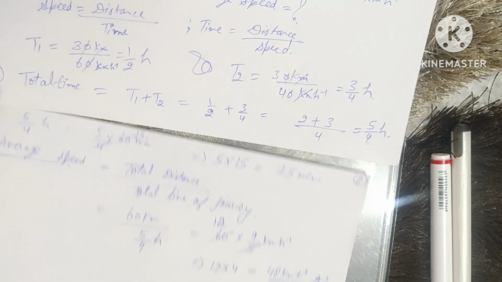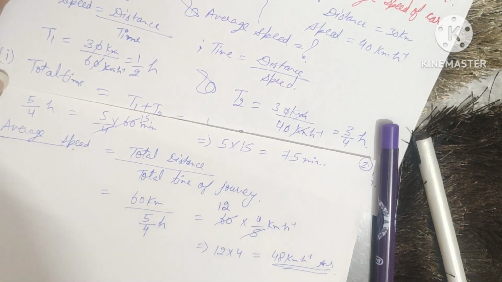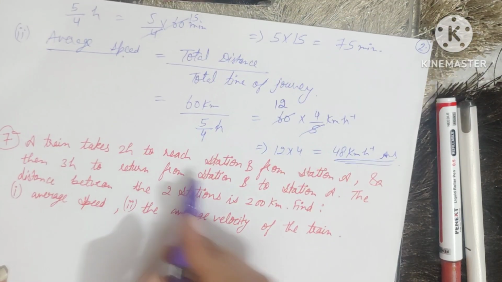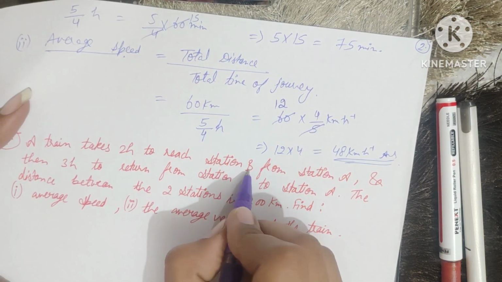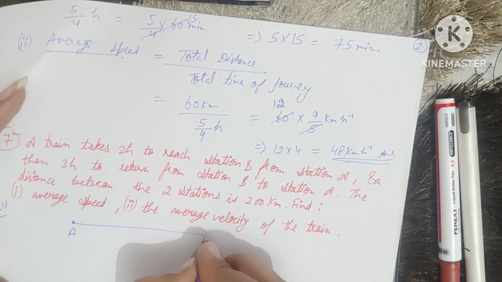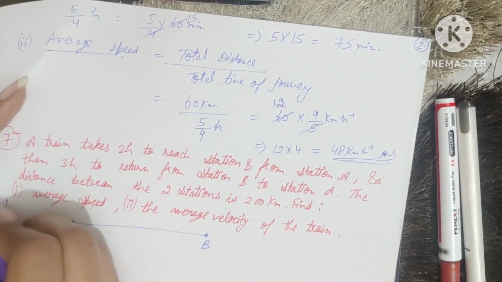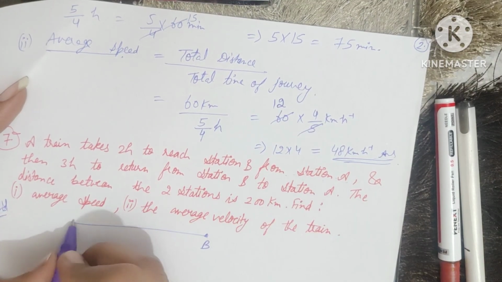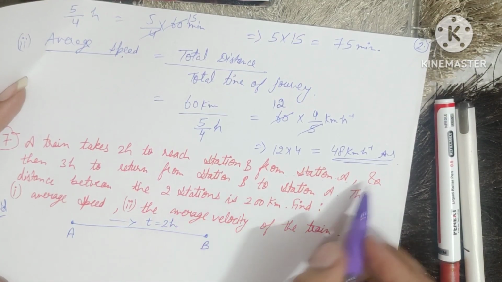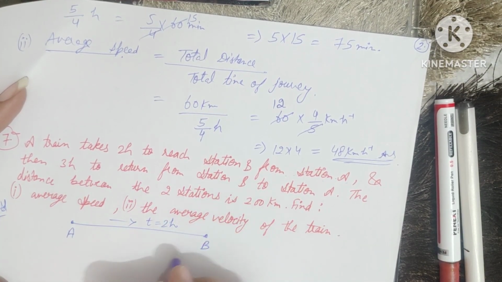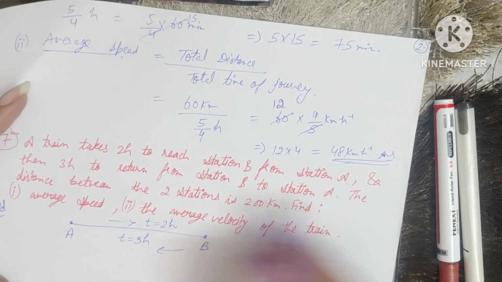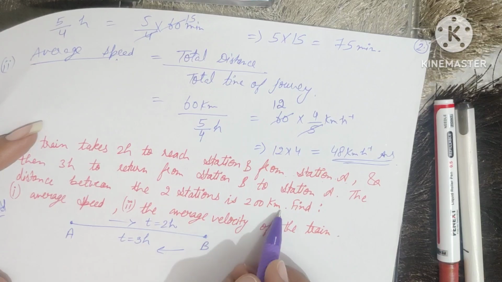Now let's move to question number 7. It's the 7th numerical. Question number 7 is: a train takes 2 hours to reach station B from station A. Means this is station A, station B. From station A to station B, the train is taking 2 hours, and then 3 hours to return from station B to A. The distance between the two stations is 200 kilometer.